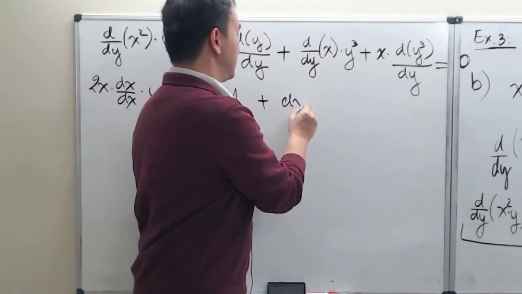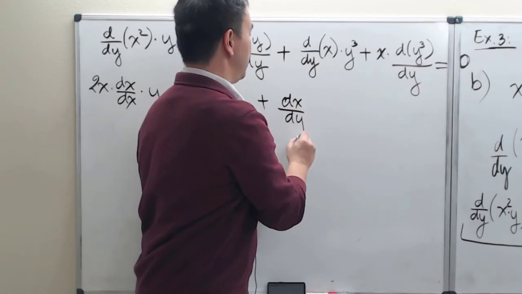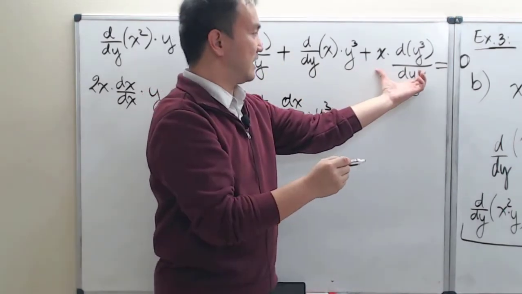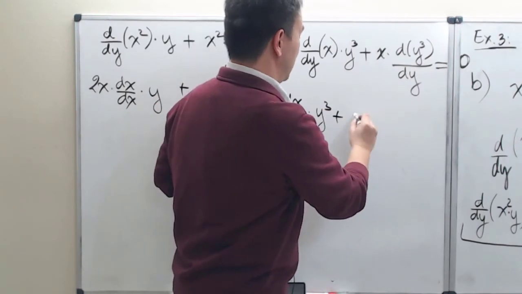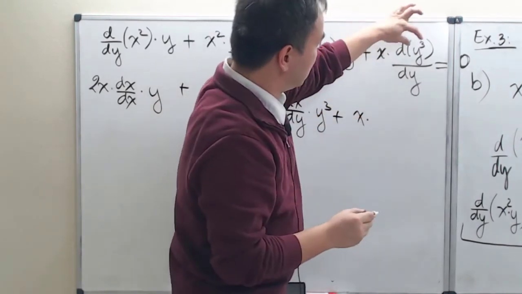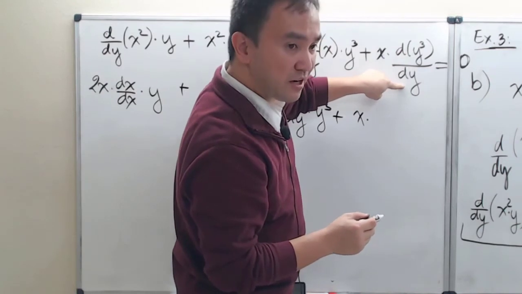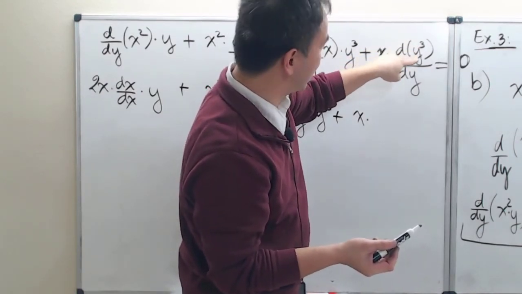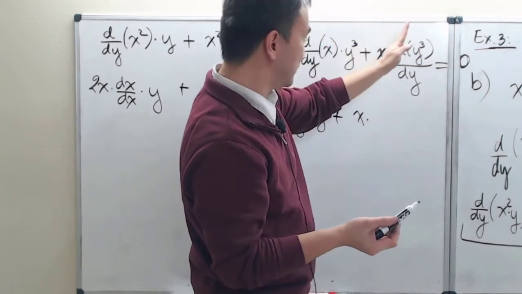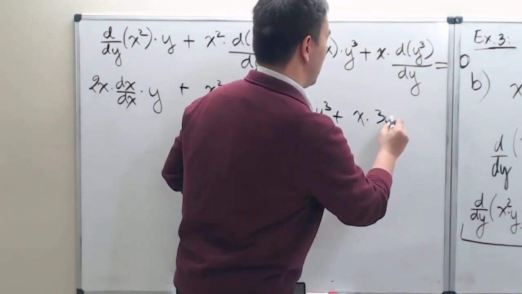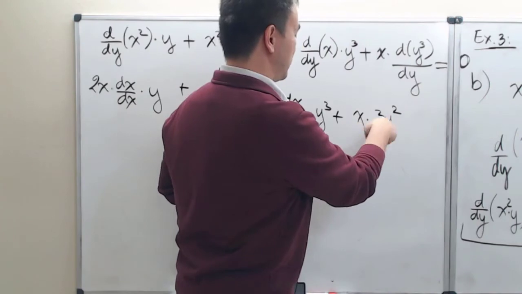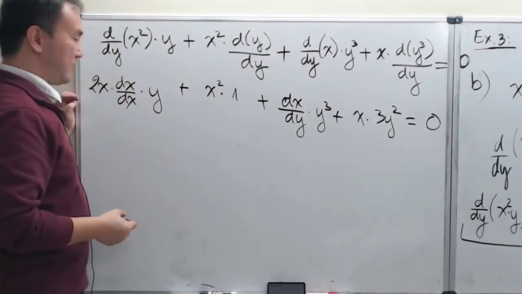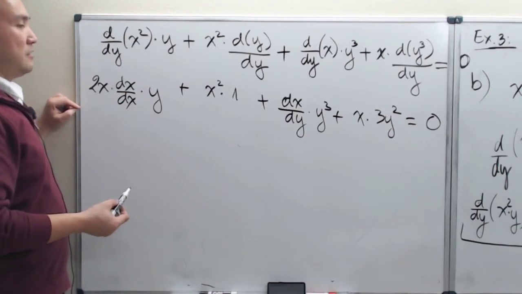So it's dx dy here, multiplied with y cubed, plus x times the derivative with respect to y, which is explicit here, so it's just 3y squared. So x times 3y squared, and all that equals 0. Now let's clean up the terms.